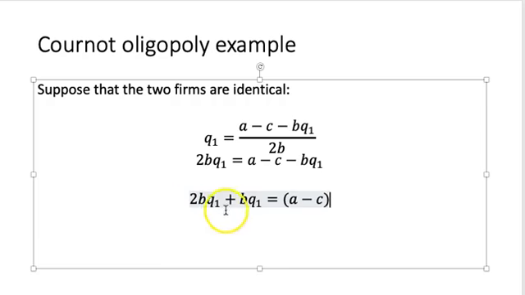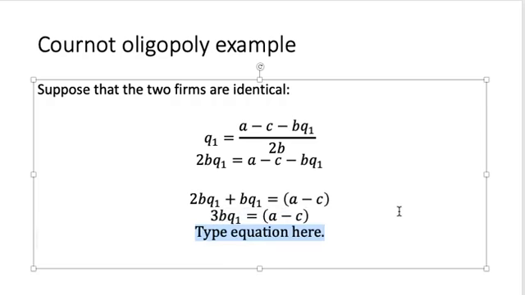So this is going to be 3B Q1 equals A minus C. Therefore, since both firms are identical, Q1 must be equal to Q2.